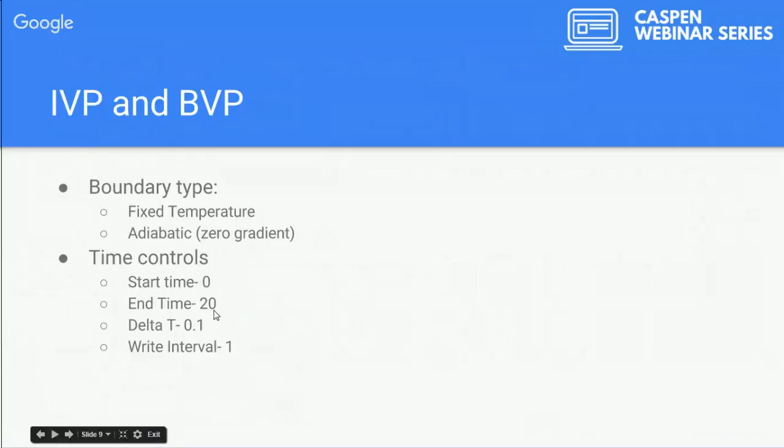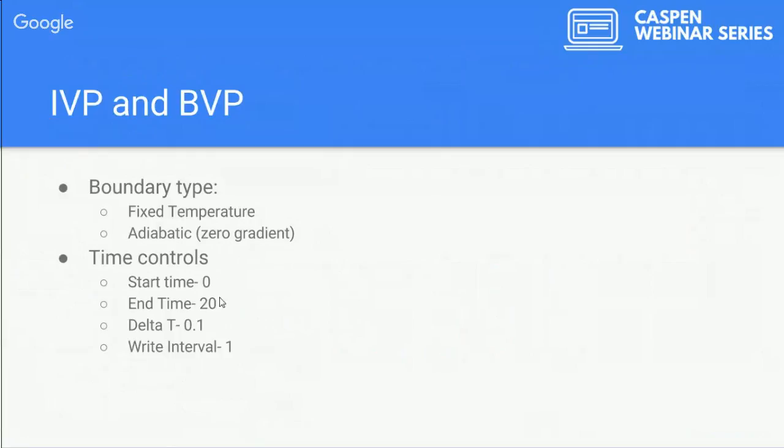So the end step would be starting from 0, 0.1, 0.2, 0.3 until it reaches 20. And I will be writing these values for the post-processing at every first second of the simulation time.